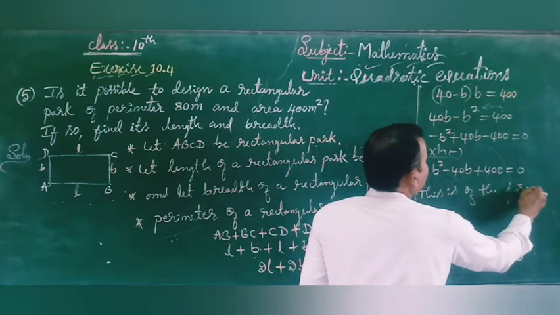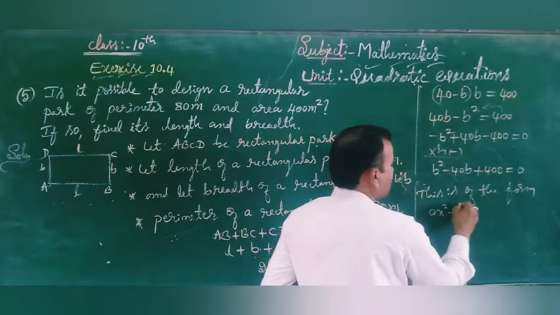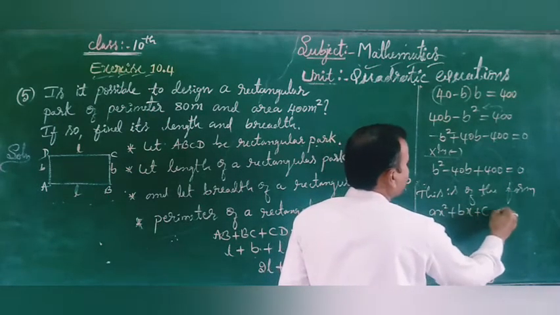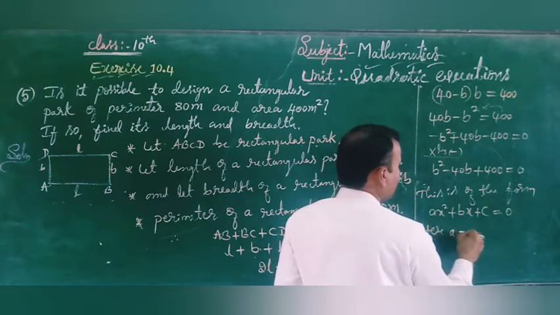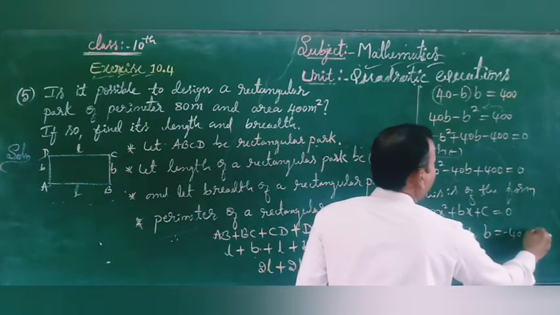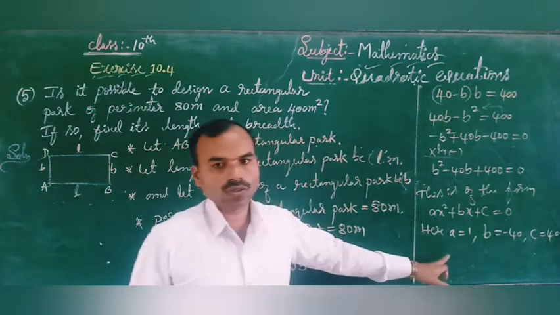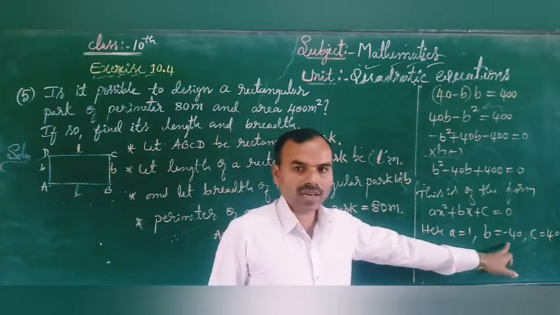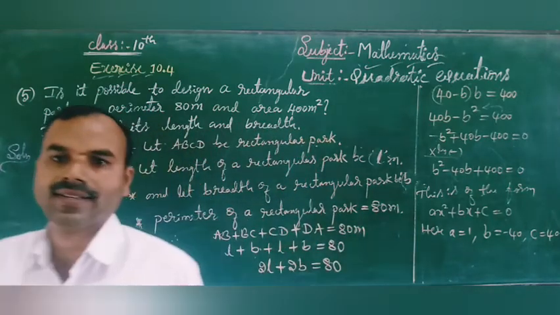This is of the form ax square plus bx plus c equals 0. Here a equals 1, b equals minus 40 and c equals 400.